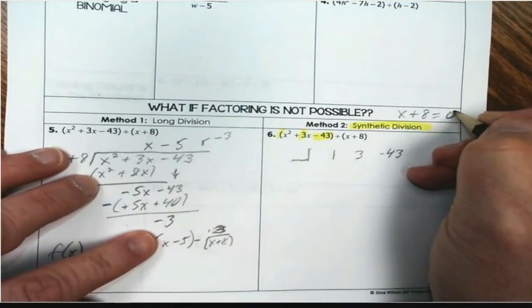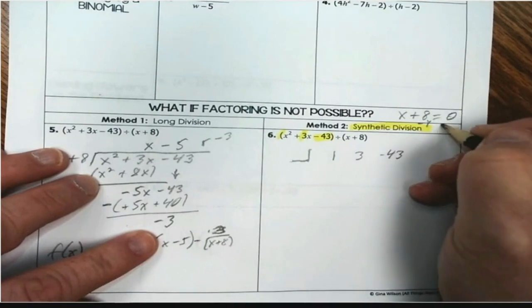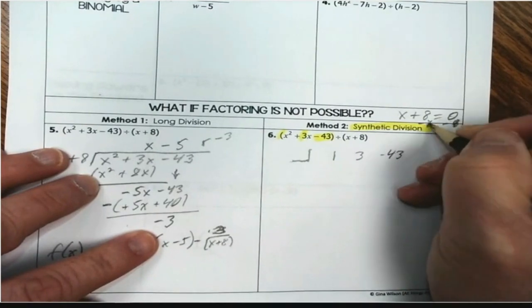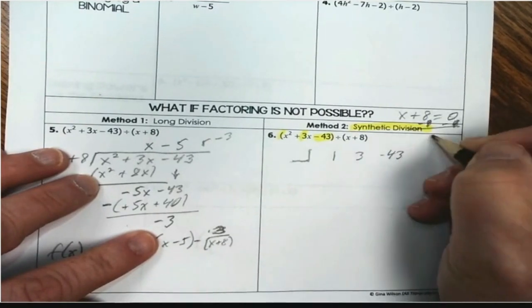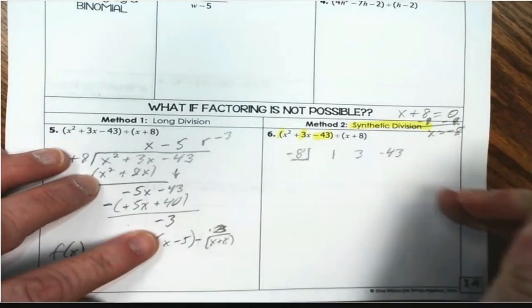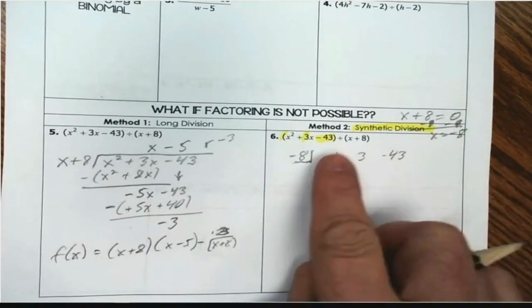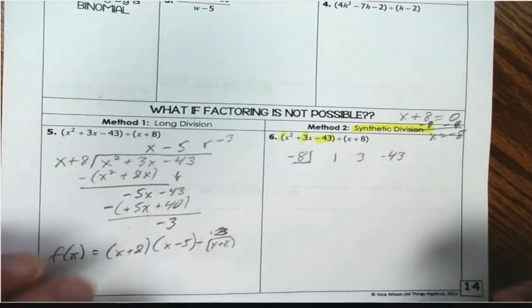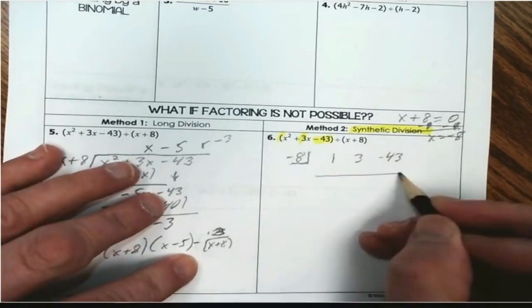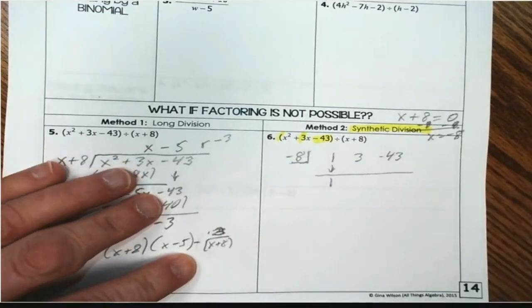What is x? Well, if we subtract 8 from both sides, that means x equals -8. So we're going to divide by -8 because that's what that factor would be if it equals 0. So here's how synthetic division works. The first number we just bring straight down because we need something to work with, a 1.